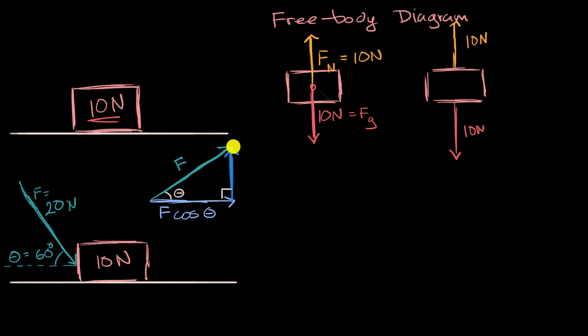And the magnitude of the vertical component, that would be the magnitude of our hypotenuse times the sine of that angle.